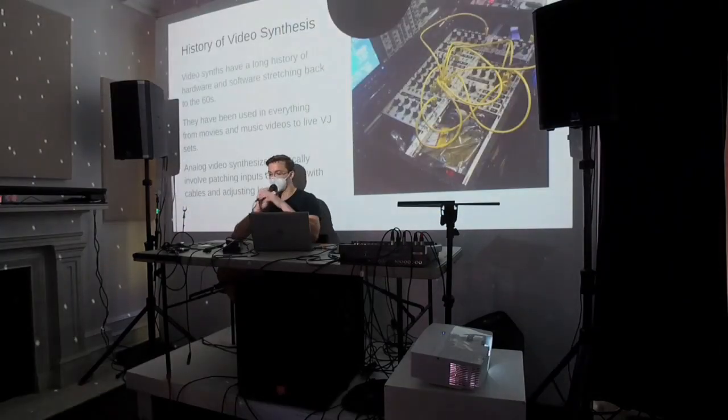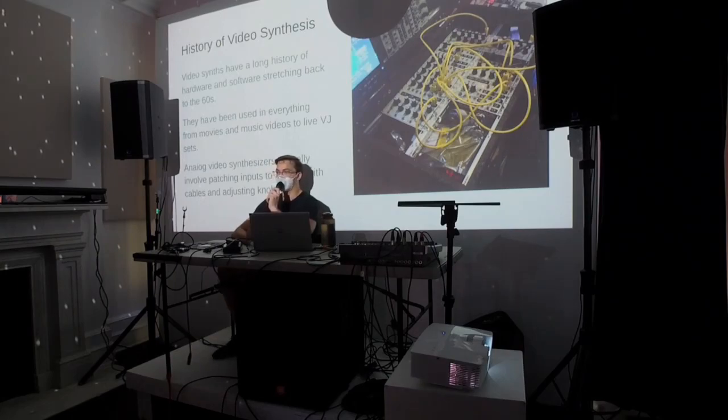Yeah, so a little background on what digital video synthesis is. There are these things called video synths. It looks like this picture here. It's more or less a bunch of modules with knobs that you connect with cables, and it creates an analog video input output that lets you create video effects from scratch.